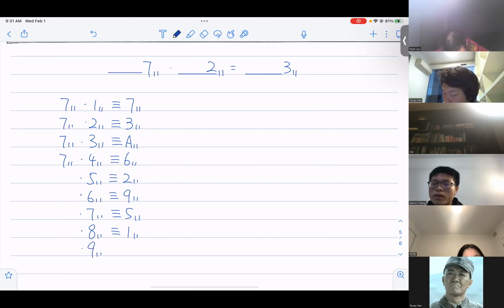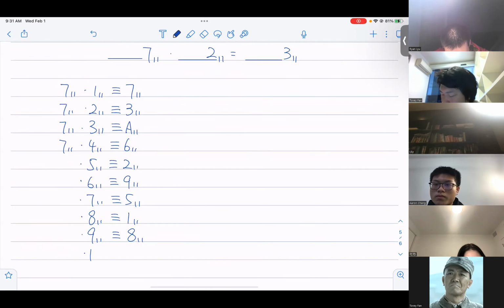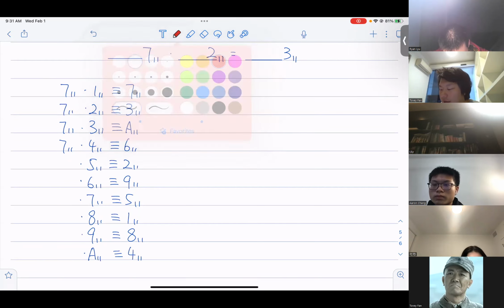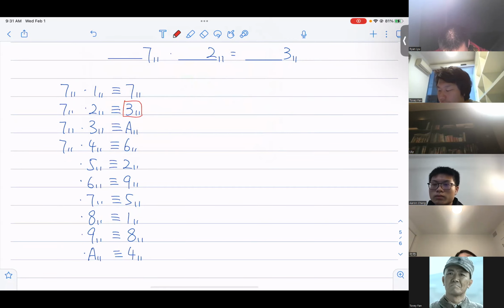Times 9, that's 63. 63 minus 55, remainder is 8. If you times by 10, that's 70. 70 minus 66. Remainder is 4. Okay? Among all, you will see that only this gives you the 3. So that means the answer is this 2. Okay, only this works.